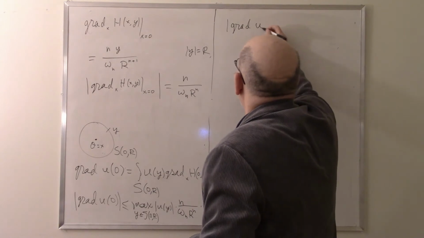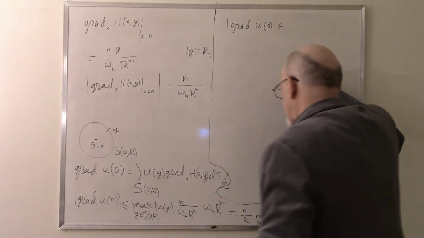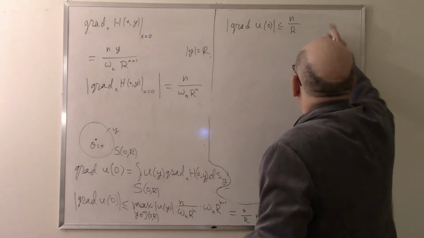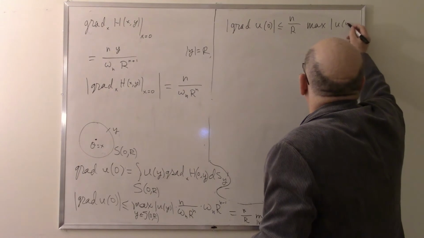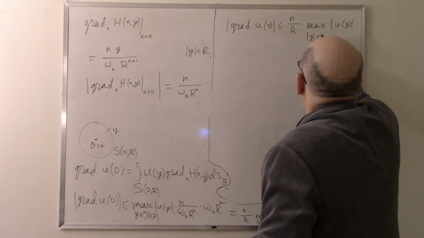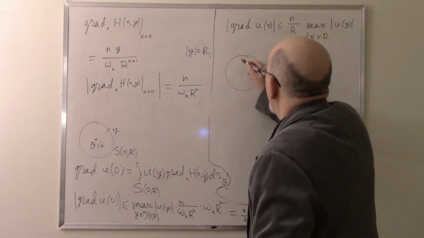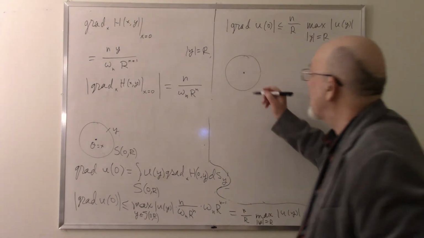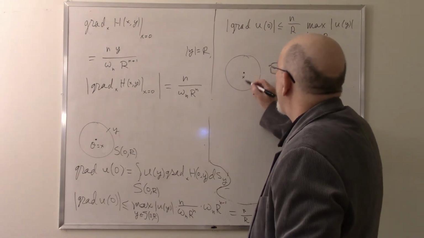Gradient of u at 0 is less or equal than n over r times the maximum of the modulus of u(y) such that modulus y is less or equal r. Now we can also shift this, putting the center not at the point 0, but at the point x.